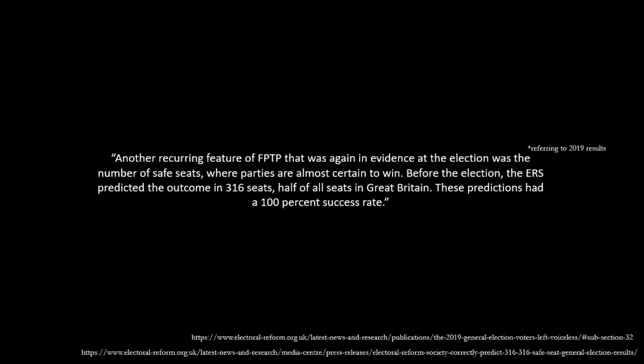Before the election, the Electoral Reform Society predicted the outcome of 316 seats, half of all seats in Great Britain. These predictions had 100% success rate." Again, 2019 results, by the way. Like, it's just ridiculous, right?